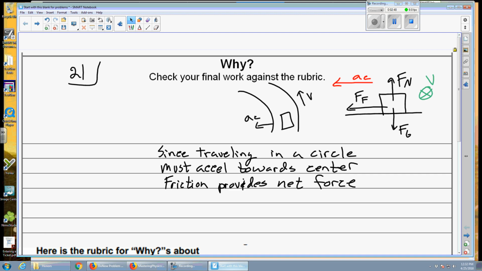So kind of a half and half. All right, but I got to show that I understand why there has to be a net force on this. Good?